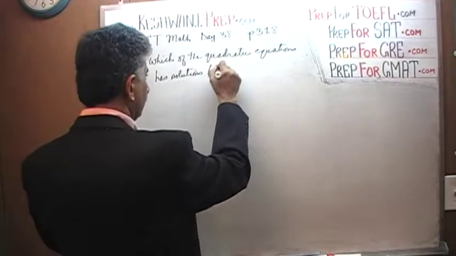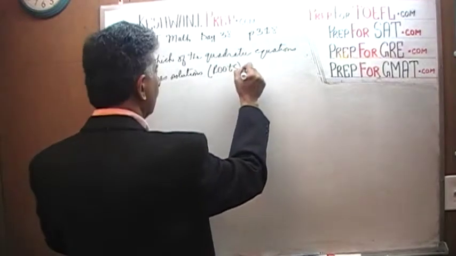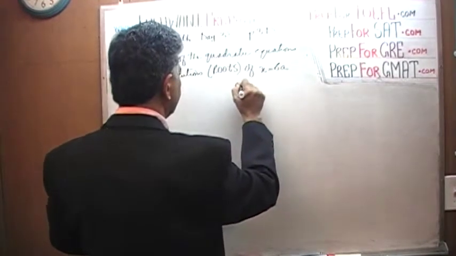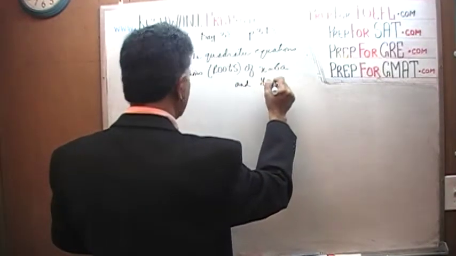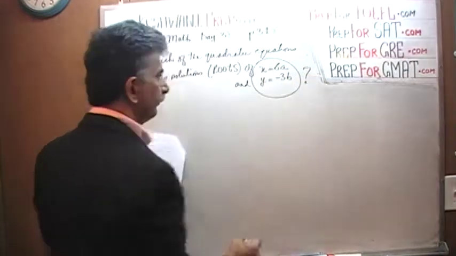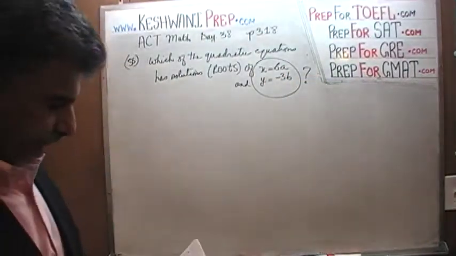Solutions are also known as roots. Has roots of x equal to 6a and y equal to negative 3b. These have to be the roots. Let's find out, shall we?